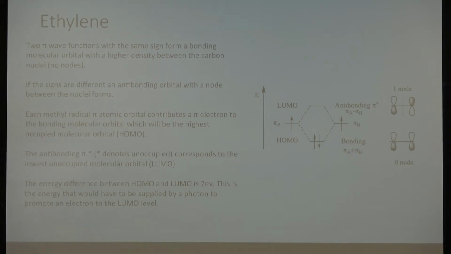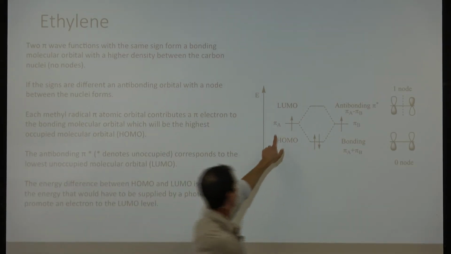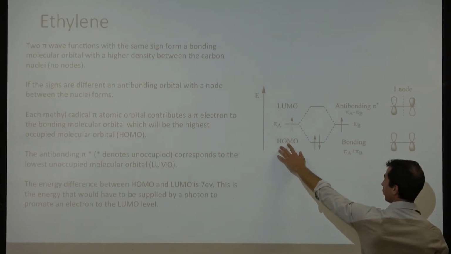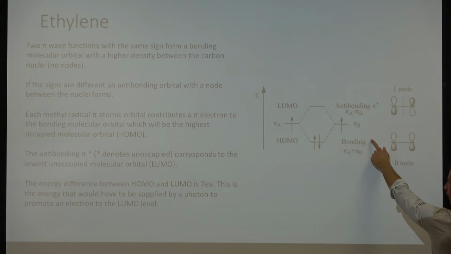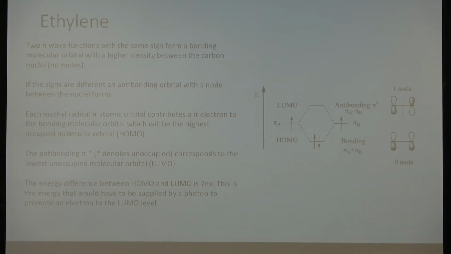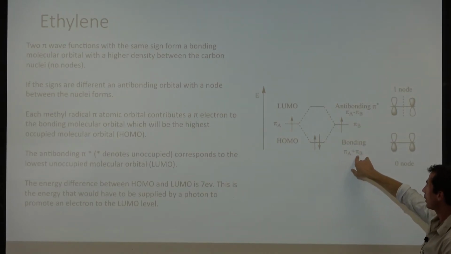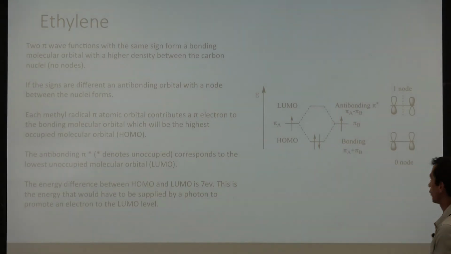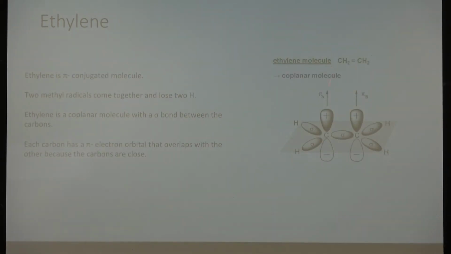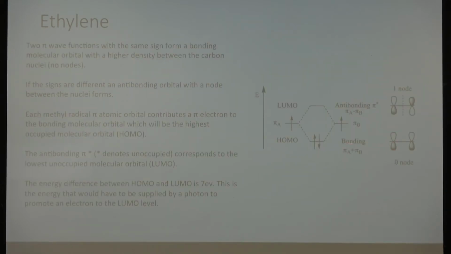Now we have our pi highest occupied molecular orbital from atom A, same thing from atom B. Those are going to come together to form a bonding pi A and B, and an anti-bonding pi A and B. This lone electron and this electron are now coming together to form this kind of pi bond.